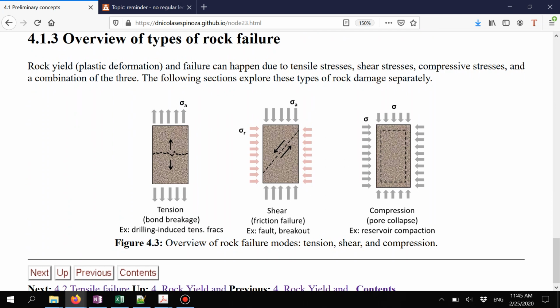And this Brazilian test is going to measure tensile strength, which is one of the three types of failure that we're going to see in this class. Tensile strength, shear strength, and then the compression or compressibility of the rock, including plastic strengths.